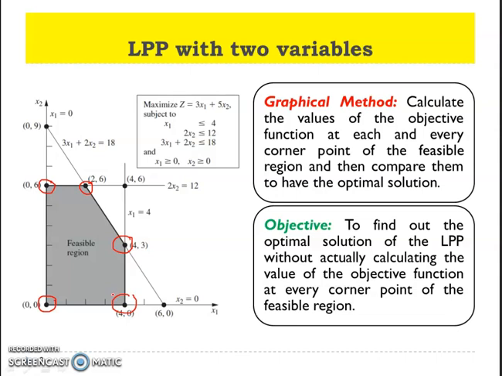We have also seen that it is possible to find out the optimal solution of the linear programming problem without actually calculating the value of the objective function at each and every corner point of the feasible region. Now we will use the same concept algebraically to find out the solution of the linear programming problem.